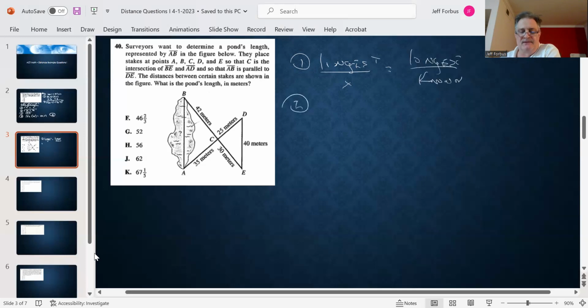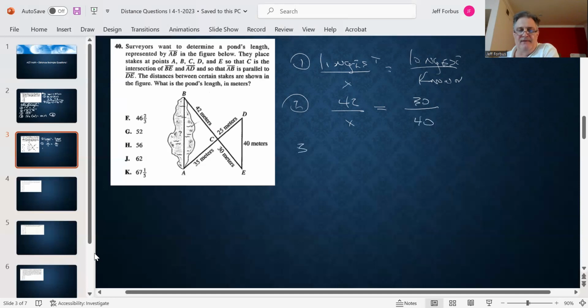All right, so let's fill in some numbers and make this more specific. Our longest side with AB is 42, and AB is going to be our X. Then the smaller triangle, our longest side will be the 30, over the parallel side, DE, 40.